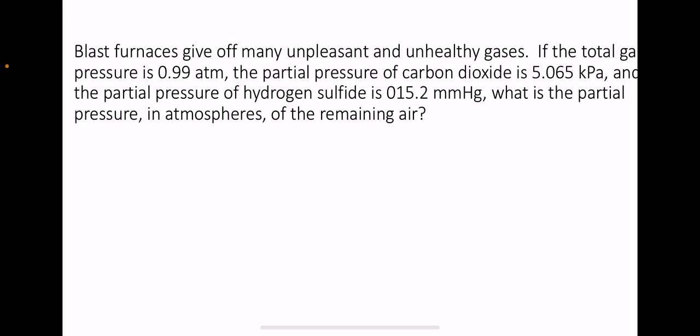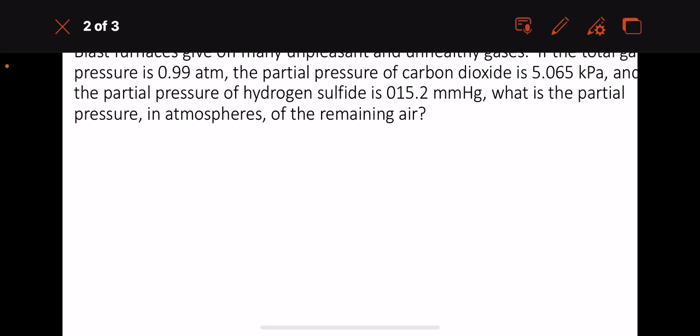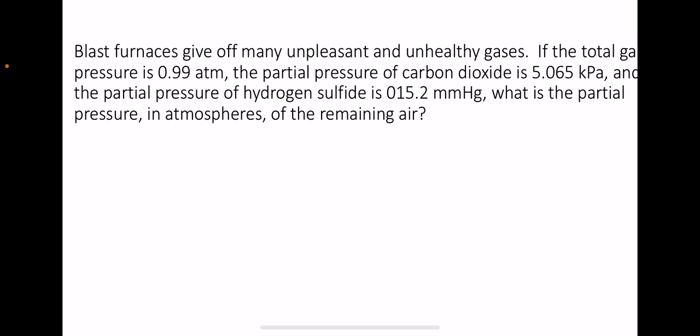And now let's go ahead and look at the next one. Blast furnaces give off many unpleasant and unhealthy gases. The total gas pressure is 0.998 atmospheres, we have a partial pressure for carbon dioxide, which is 5.065 kilopascals, and a partial pressure of hydrogen sulfide, which is 0.152 millimeters of mercury.